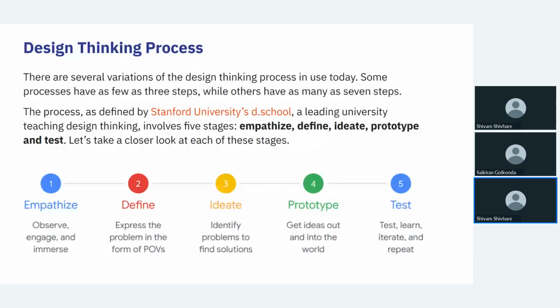So these are the different stages in the design thinking process defined by Stanford University: empathize, define, ideate, prototype, test. I hope everyone is clear. In the same way, you need to follow all these steps while defining your problem statement, or while developing your project, so that it will be very helpful for you to complete the project.